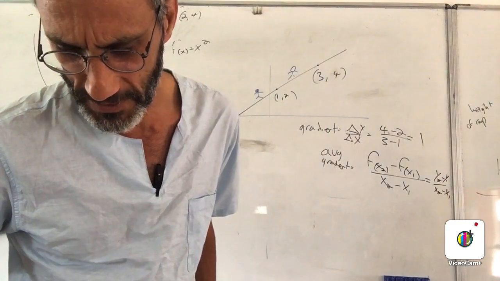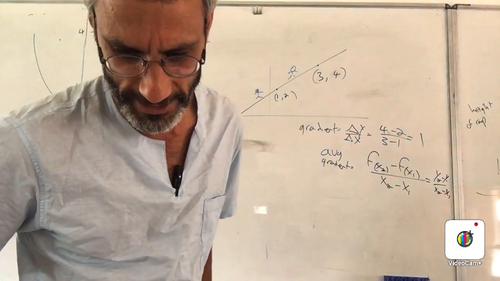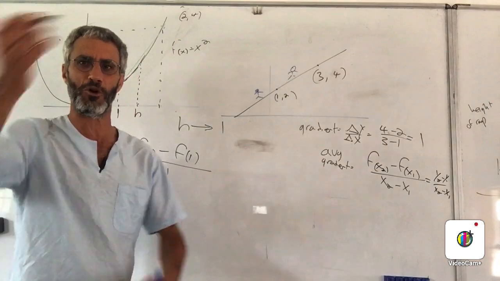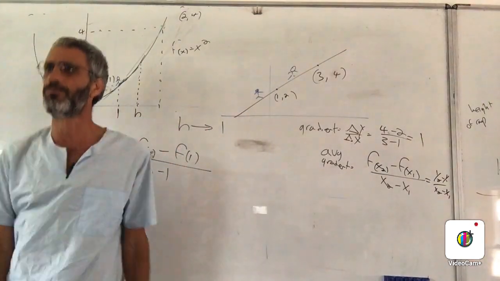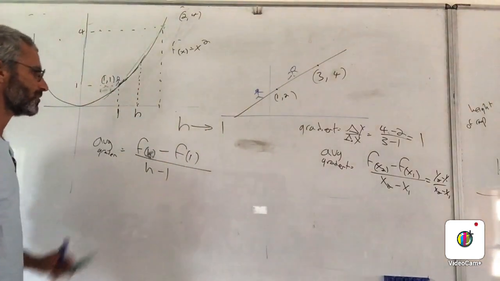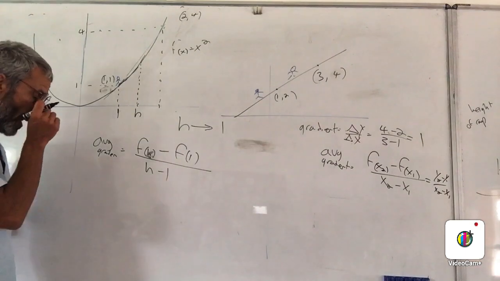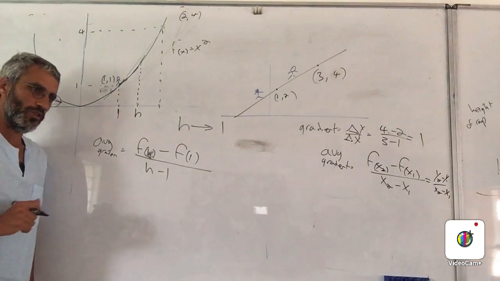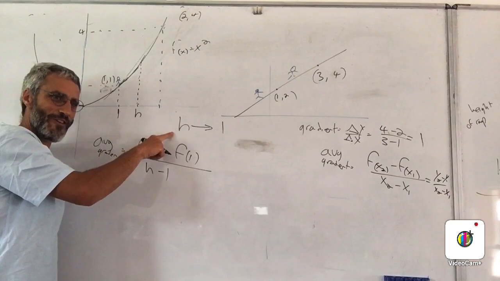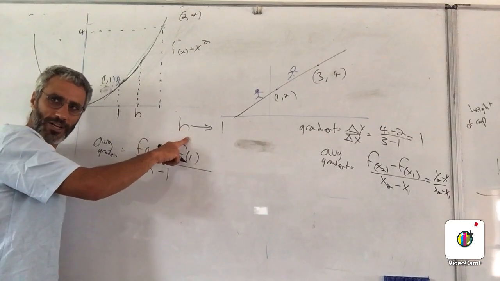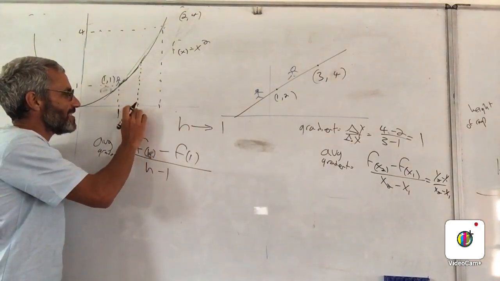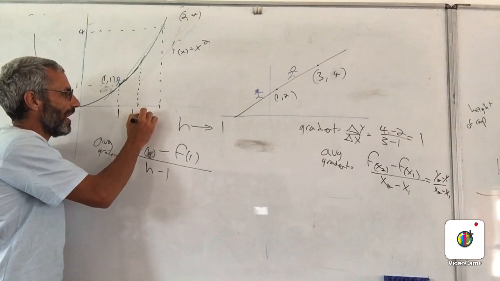Except that actually I didn't use what they said, so sorry, I'm going to backtrack. We can use that, but it's better we use what they said. So instead of saying that h is very, very close to 1, this point is basically h plus 1.